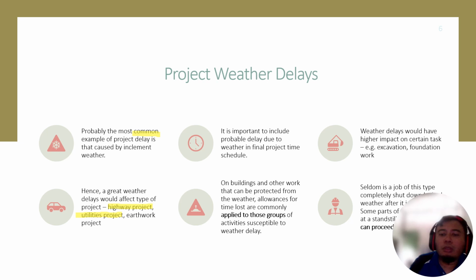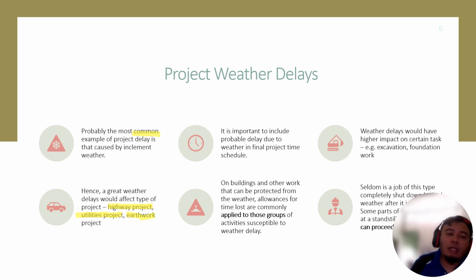You need to stop your project if there is heavy rain, because your excavated pipeline will be flooded with water, so you need to wait for the rain to stop and the ponding water to subside, or you need to pump out the water.